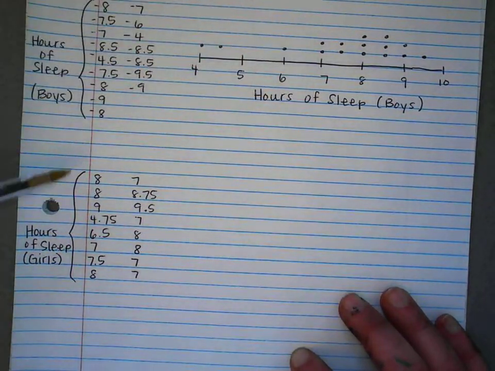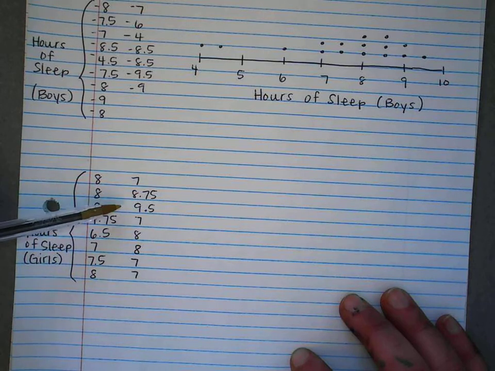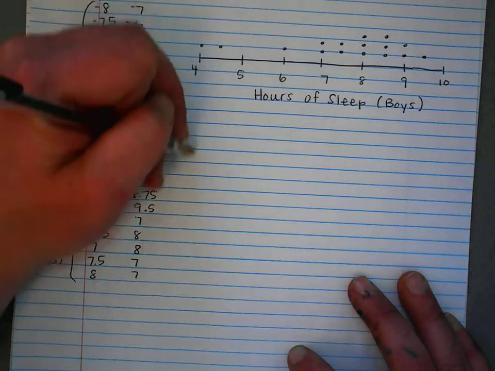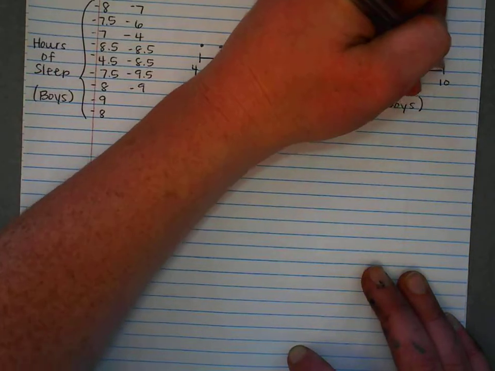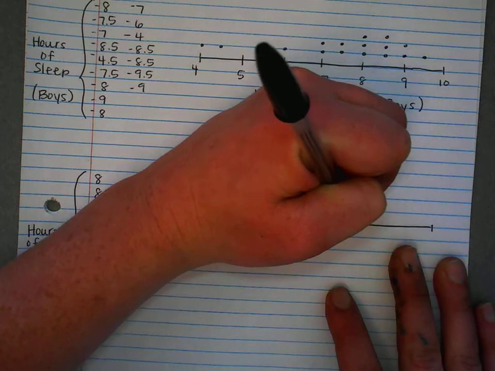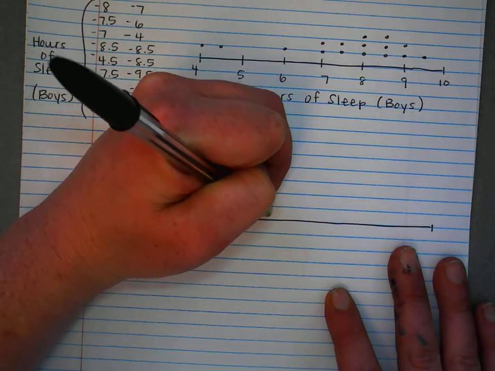And so it looks like the lowest was 4.75 hours, and the highest was 9.5. Okay, so I'm going to try and make the same chart, and I'm going to go from 4 to 10 again. 5, 6, 7.